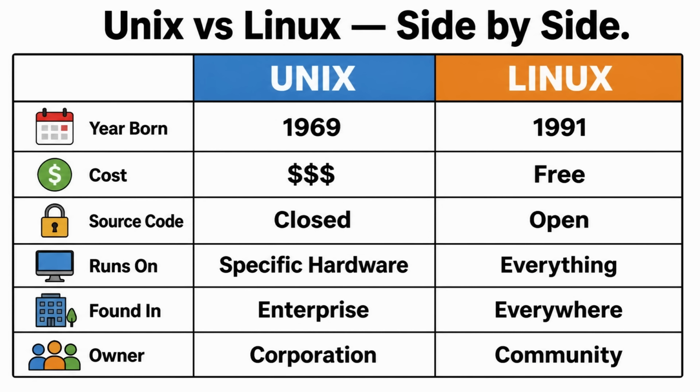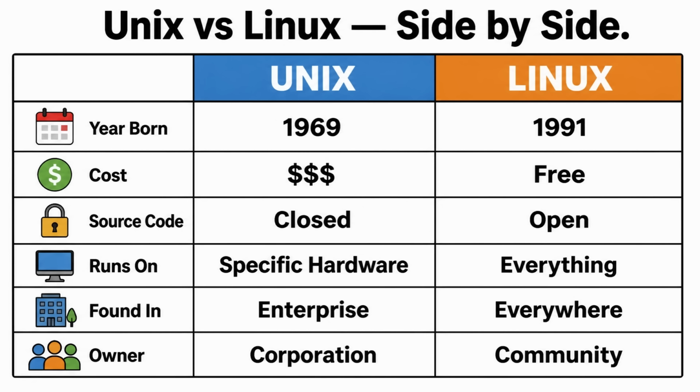Okay, let's bring it all together with a quick side-by-side comparison. Unix, born in 1969, proprietary, costs money, owned by corporations, runs on specific hardware, found in enterprise environments. Linux, born in 1991, open source, free, community-driven, runs on everything, found everywhere from your phone to the cloud.